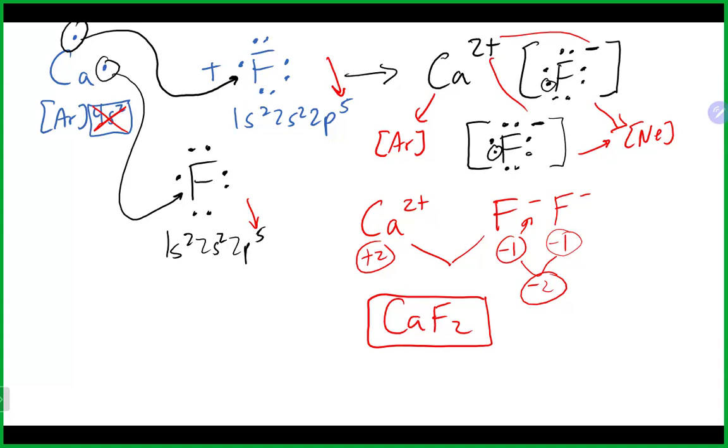And the result of that, when a metal and nonmetal come together, is the metal typically will lose enough electrons to kind of back its position up on the periodic table to the noble gas that comes before it. And the nonmetals will gain enough electrons to kind of push them forward. Now, in some cases, you may need more of each to correctly balance that and get everybody to that.